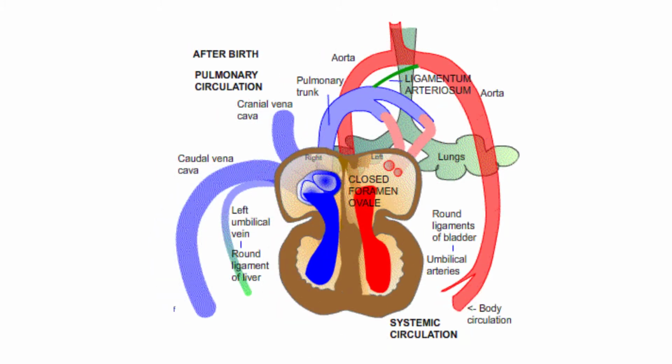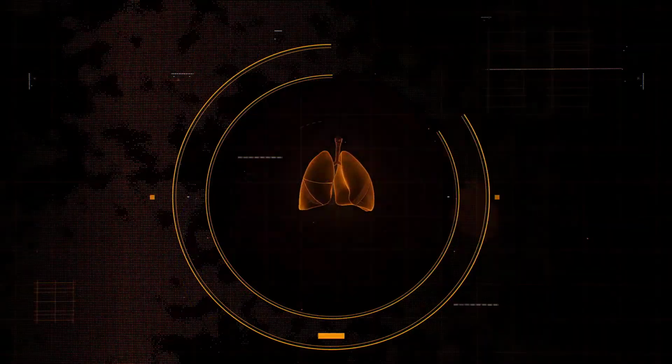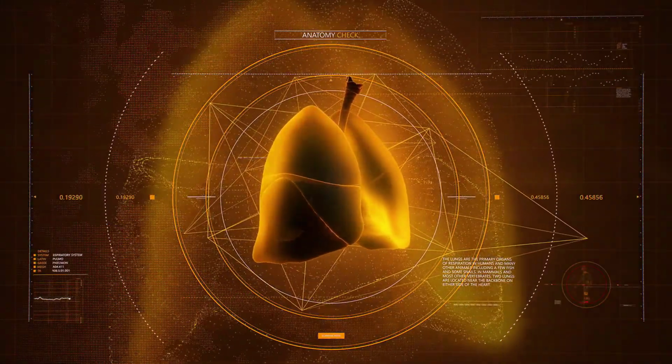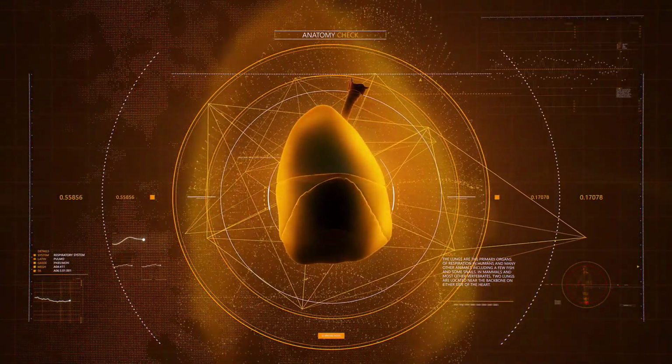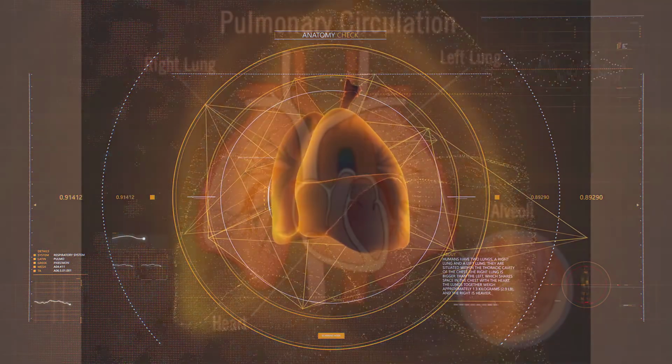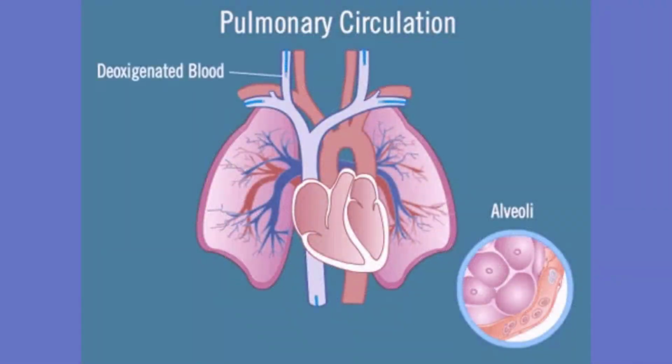This increase raises the pressure in the left atrium, causing a one-way flap on the left side of the foramen ovale called the septum primum to press against the opening, creating a functional separation between the two atria. Blood flow to the lungs increases because blood entering the right atrium can no longer bypass the right ventricle. As a result, the right ventricle pumps blood into the pulmonary artery and onto the lungs.